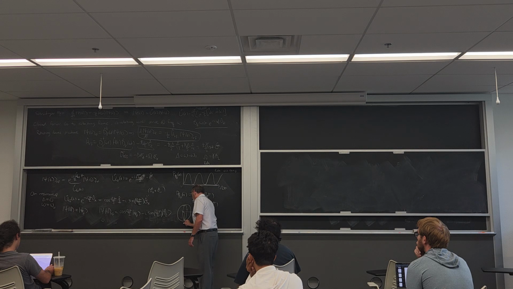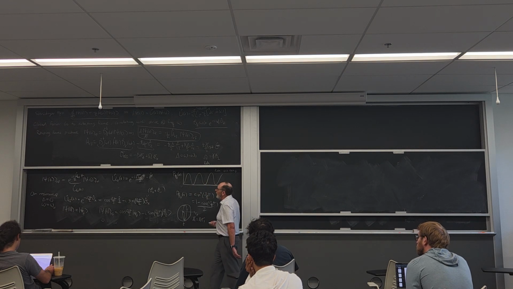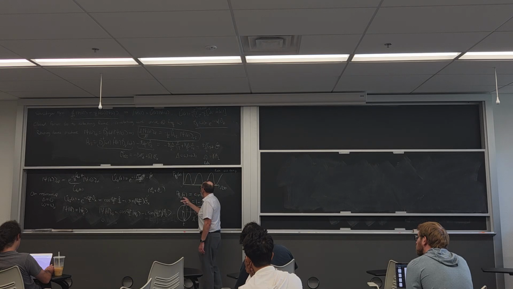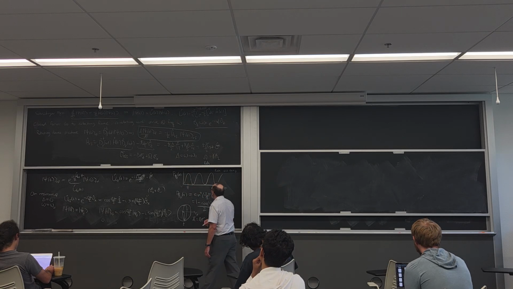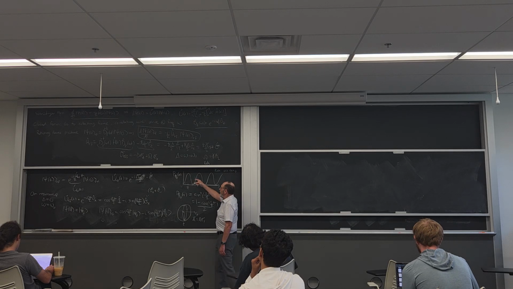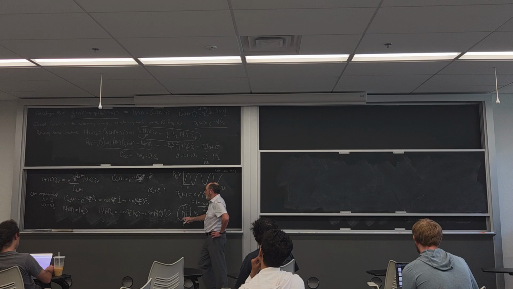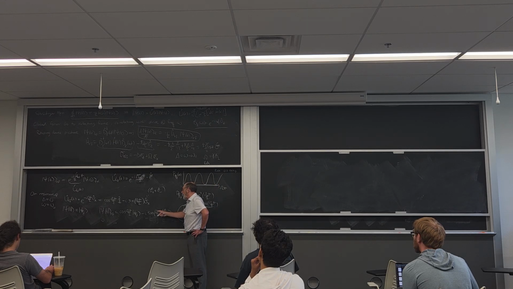So it starts here along the z-axis, and then when this is equal to pi, then it's on the north pole, right? Because when omega t is pi, sine pi over 2 is 1, and that's spin up.